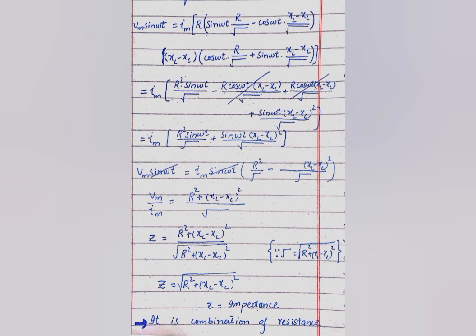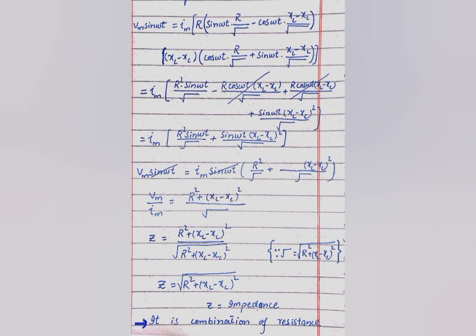The factor R cos ωt (XL minus XC) cancels, and the remaining part is R squared sin ωt over hypotenuse plus sin ωt (XL minus XC) squared over hypotenuse. Then we take sin ωt common and cancel it with the sin ωt on the left side of Vm sin ωt.